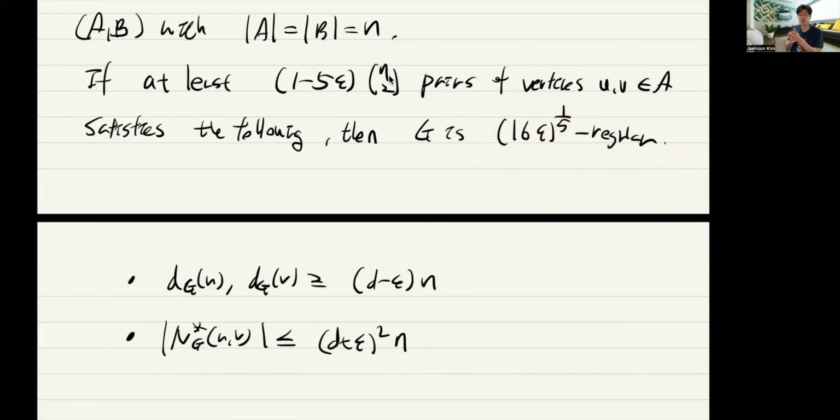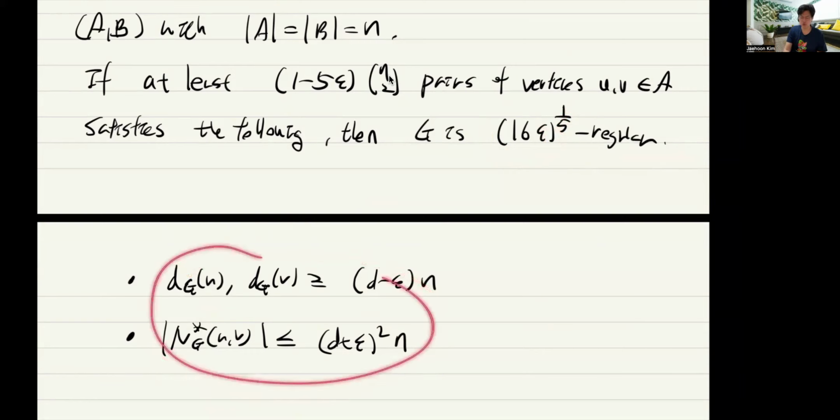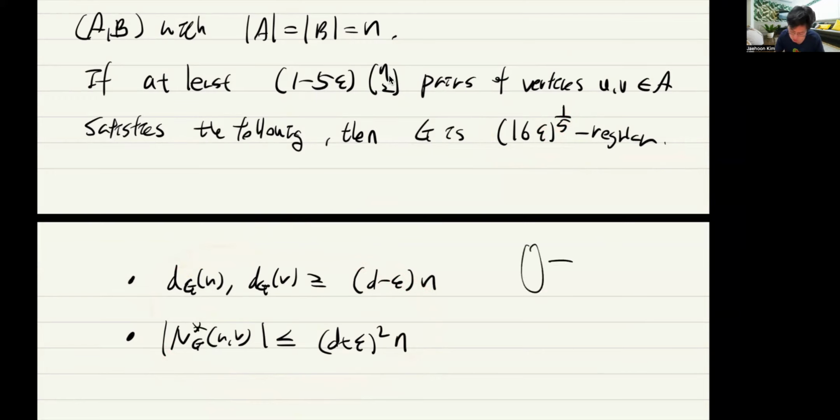Again, these two concepts are loosely equivalent, meaning that it's not exactly equivalent. This implies this, but this implies essentially the same thing with a worse parameter.